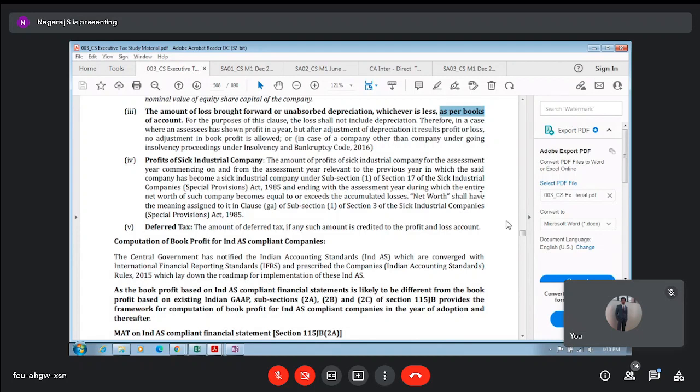They will give as per Income Tax Act, and your mind will go, we are doing income tax. I told you, when you are doing MAT, you need to forget income tax.